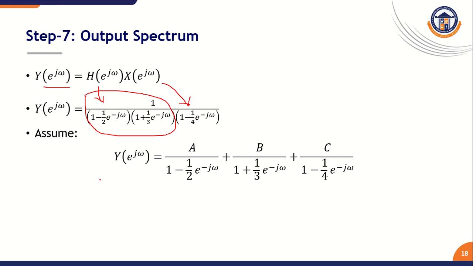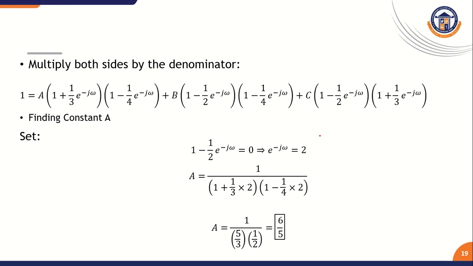Here also you can apply the partial fraction logic, that is capital Y of e power j omega equal to a divided by this term, b divided by this term plus c divided by this term. So here also we have to find constant values of a, b, c when applying the partial fraction.